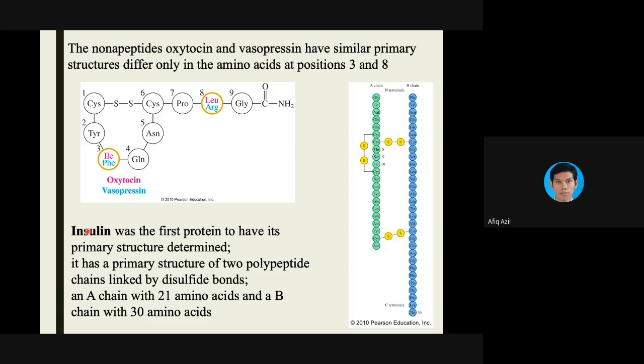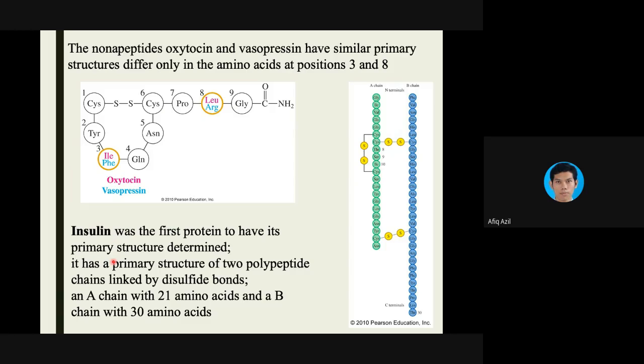So what is the use of insulin in our body? It basically tries to digest glucose. Insulin is produced in our pancreas.